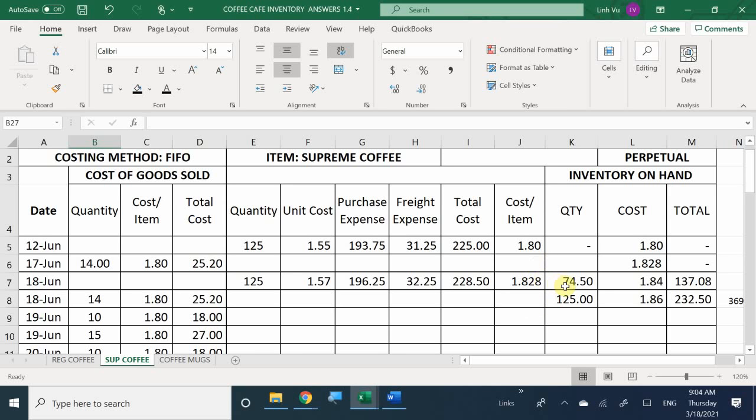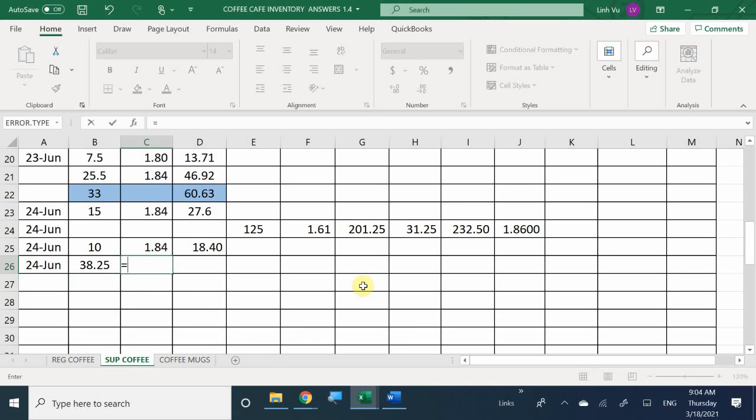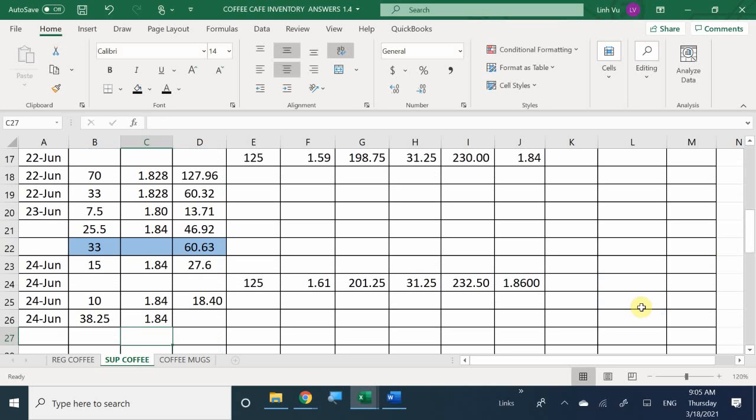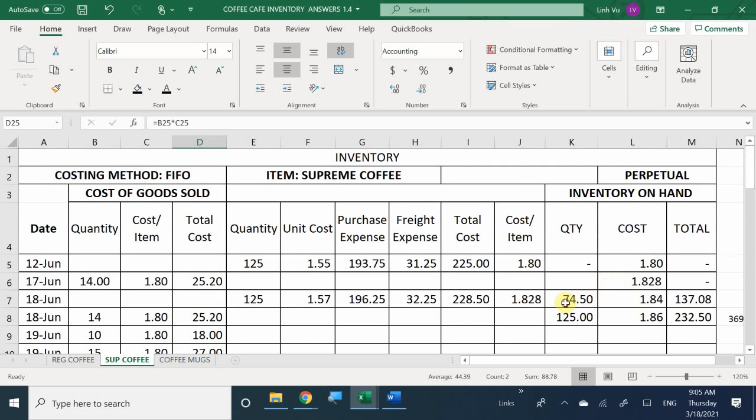Okay, we have one batch for $1.84. So how much is going to be my total here? $70.38. Okay, so let's edit this information here.